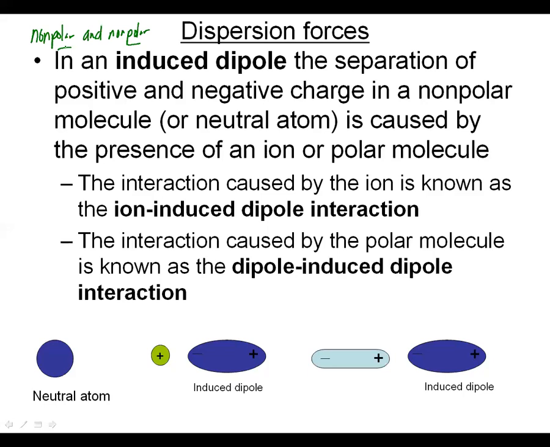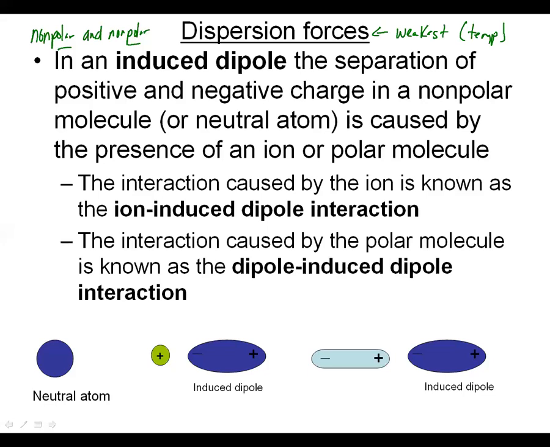And dispersion forces are essentially the weakest of all the intermolecular forces, because they are temporary forces that occur. And there are a couple of different methods by which you could temporarily make these things happen.